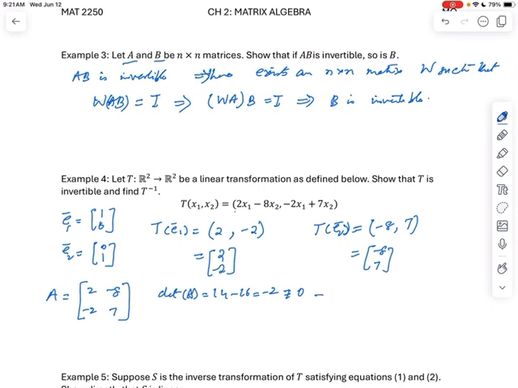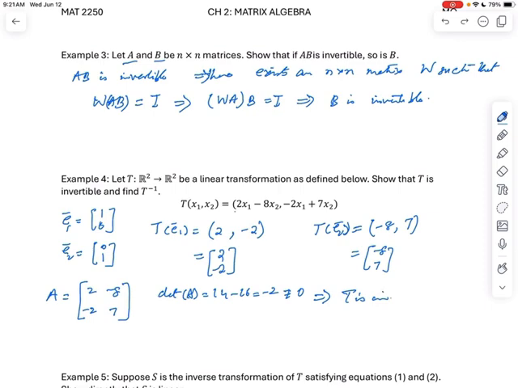So which means A is invertible, but then that means T is invertible, and so now we need to find the A inverse.